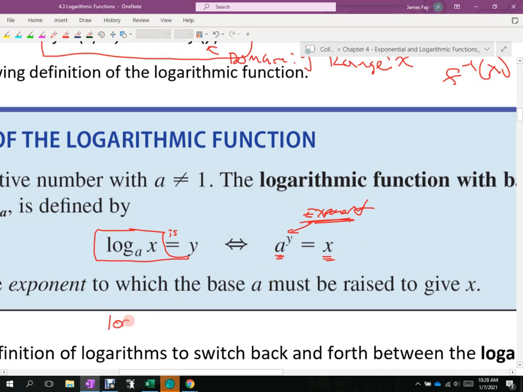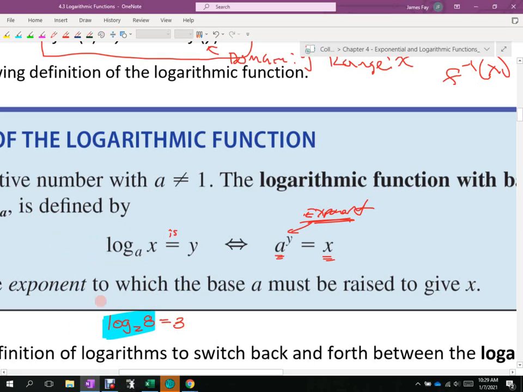If I say log base 2 of 8, that turns into 3, because 3 is the exponent that I raise the base 2 to in order to get 8. What's 2 to the third? It's 8. So this here is an exponent, and the exponent is 3. Does that make sense, everybody?